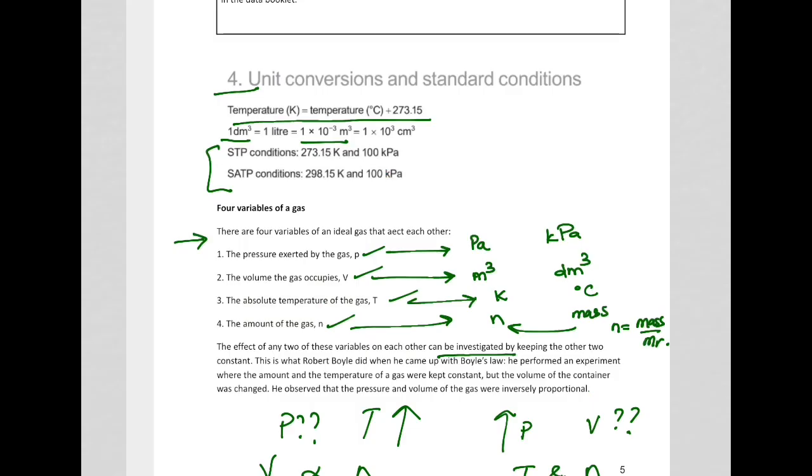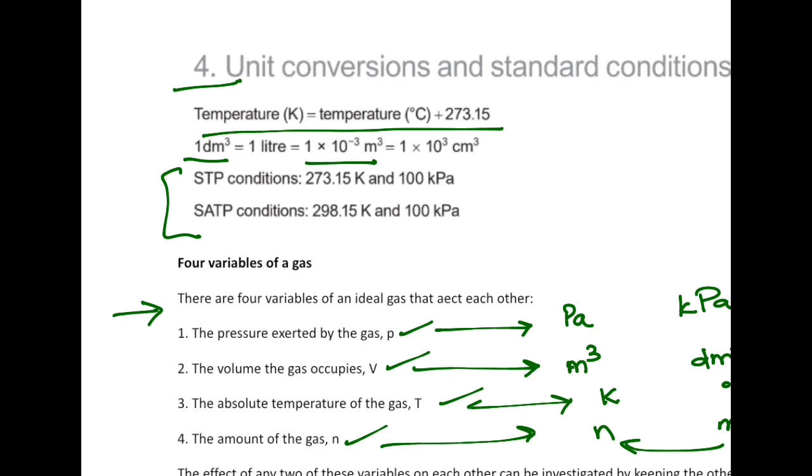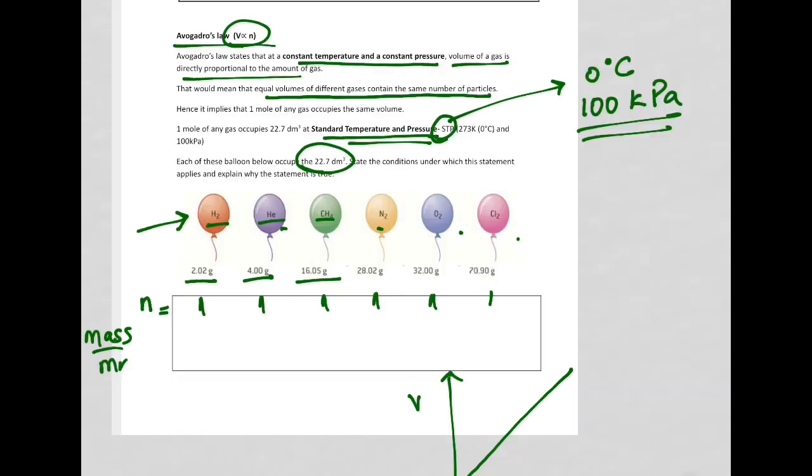These conditions are given in section 4 of the data booklet. So this is the STP conditions. And here you have the SATP conditions. This is standard atmospheric temperature and pressure. Here we are at 25 degrees Celsius and atmospheric pressure 100 kilopascal.